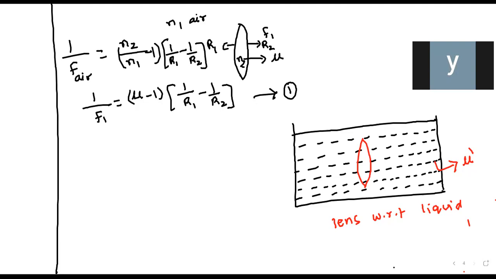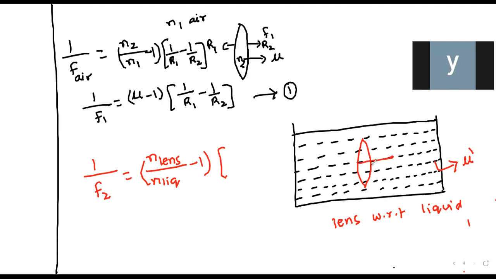With respect to liquid. Now I can write 1 by f2 equal to refractive index of the lens by refractive index of liquid minus 1 times, whenever the lens is immersed in liquid, the radius of curvature does not change.